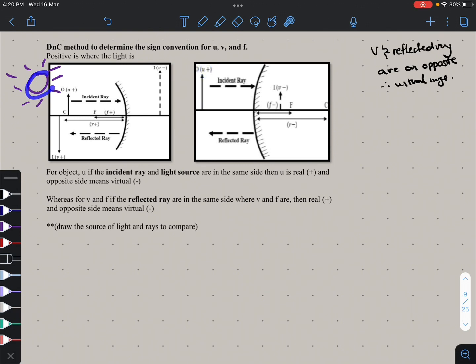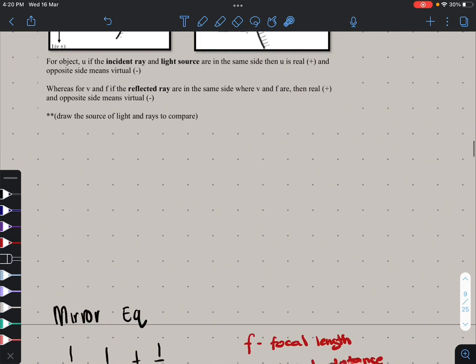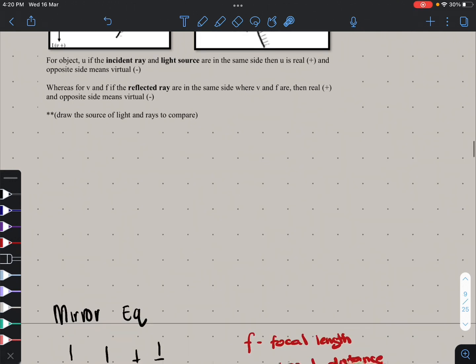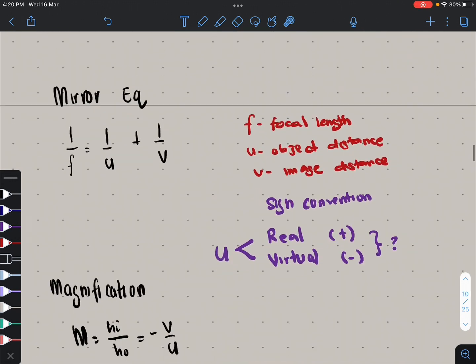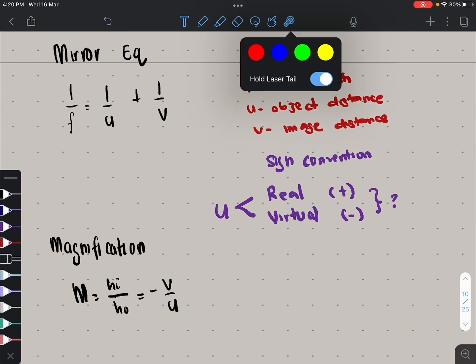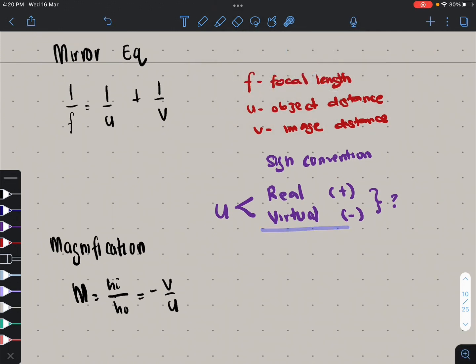However, if the light source dan juga incident ray kita berada in the opposite direction, maka it is a virtual object, negative. Dalam silibus kita jarang kita guna virtual object. However, there is a virtual object when the object is on the opposite side of the light source. That is when kita akan ada virtual object lah kan.